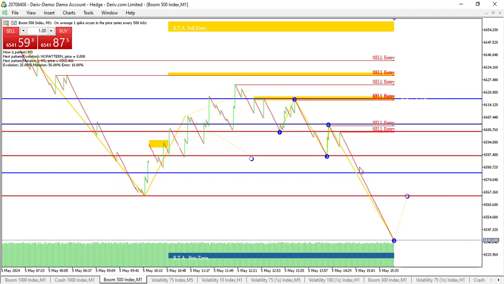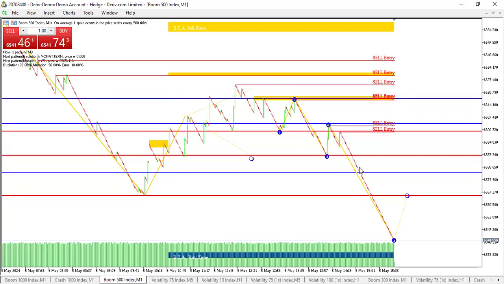You're most likely to catch spikes without getting any huge drawdown, because most of us end up closing trades just because the drawdown will be too much. Just imagine if you had entered a trade here, then you wanted it to buy, then it draws you down like this. You end up closing the trade because you think it's no longer going to spike. But in the long run, it is going to spike and cross that point.